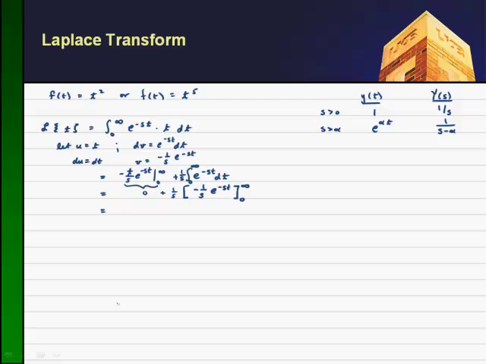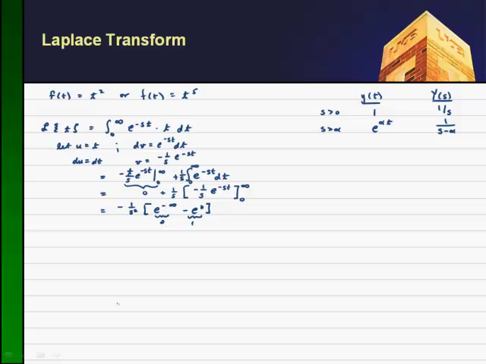So here I'd have a negative 1 over s squared, and then this will give me e to some negative large value minus e to the 0. Again, this goes to 0, and this guy goes to 1.